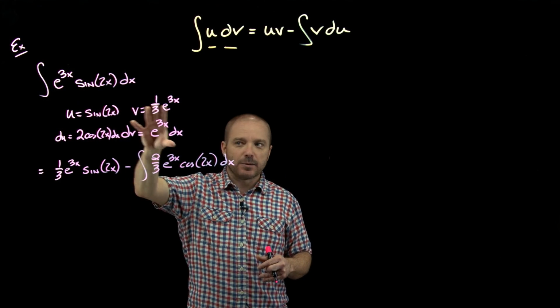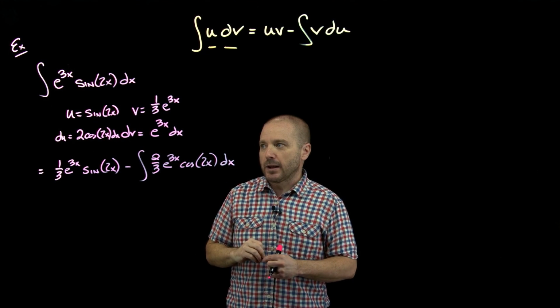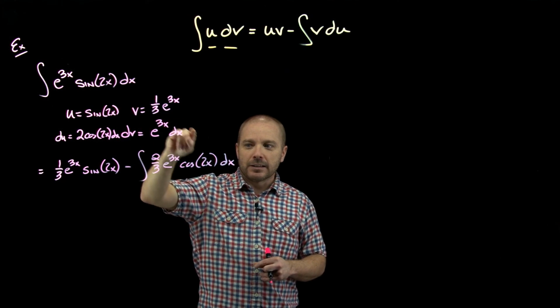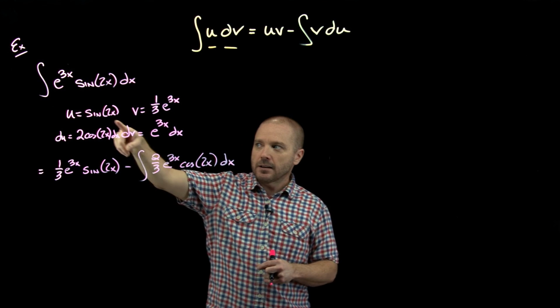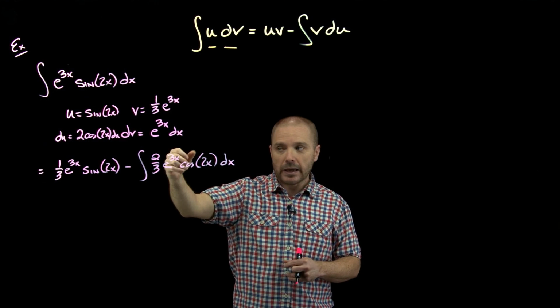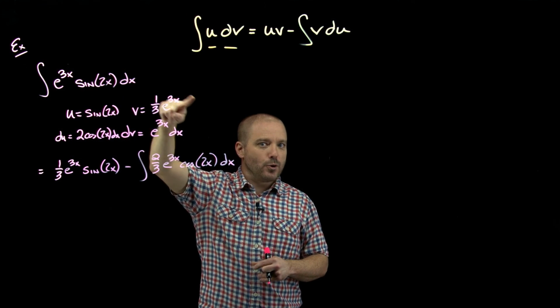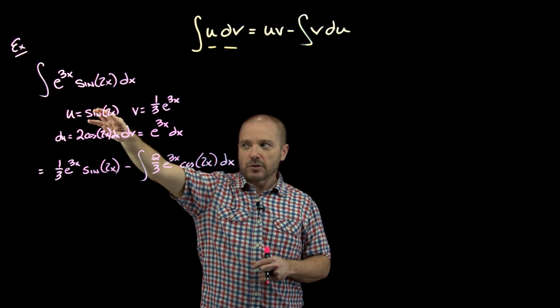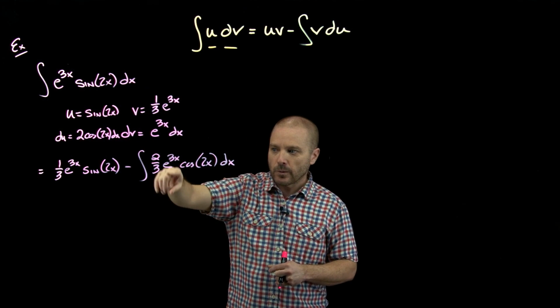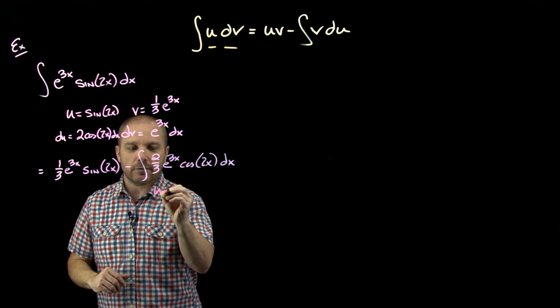Now, I said it doesn't matter what was u and what was dv, same amount of work either way. But once you've committed, you want to stick with that. So I had trig function as u, so I'm going to do trig function as u again. If you switch midstream, essentially all you're going to do is undo this work, because you're going to reverse these processes.